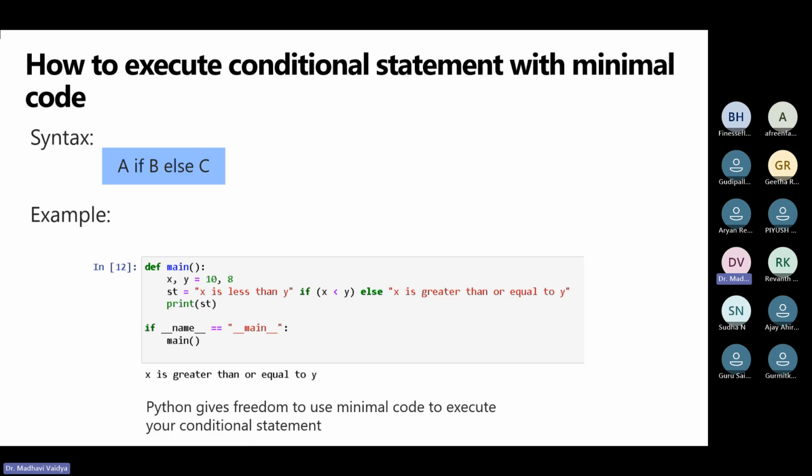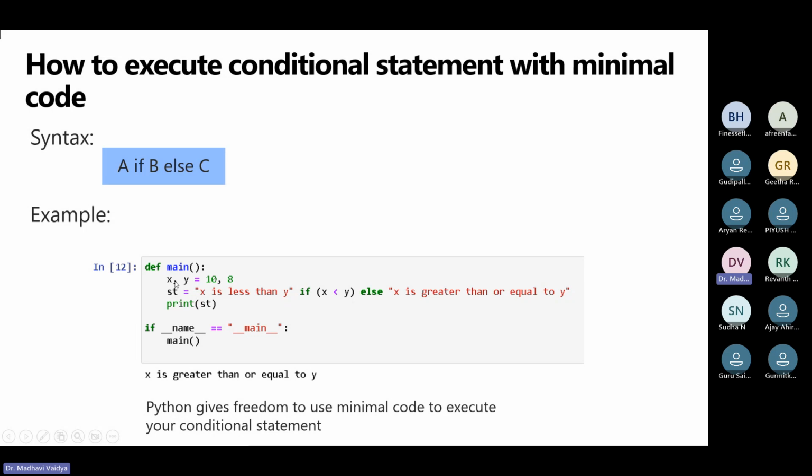What is this underscore main? What is this main method? It will take maybe 1 or 2 lectures to understand this. So I'm not going to write this def main at this moment. Okay, so x comma y equal to 10 comma 8.